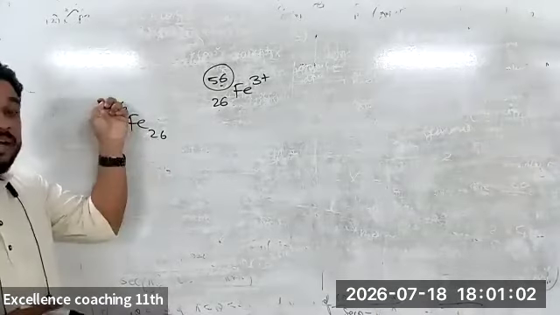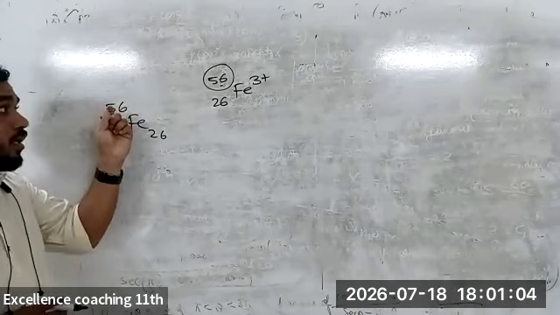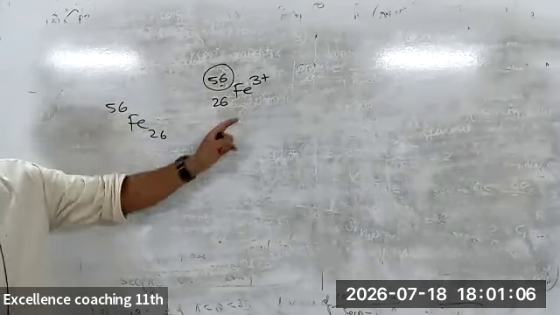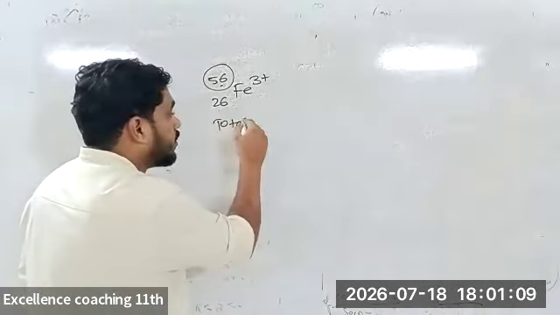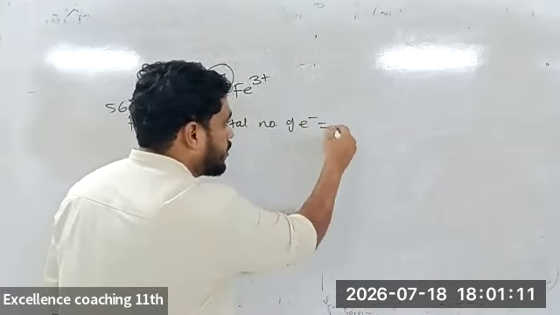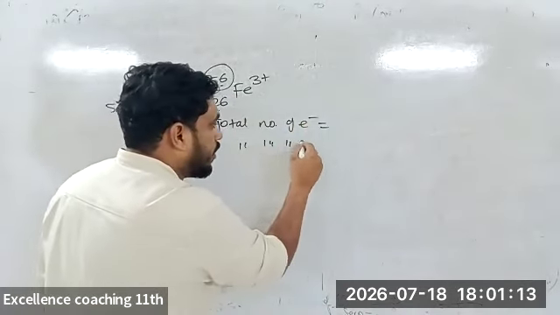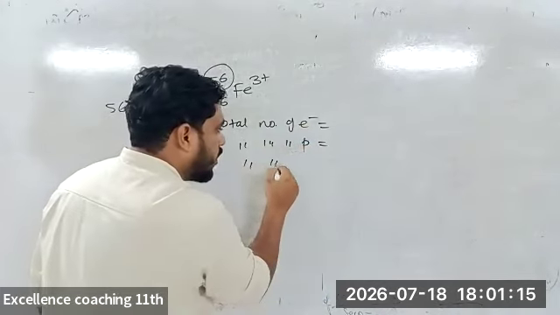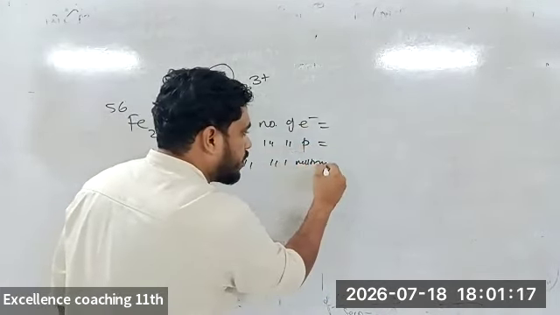Sorry, atomic number, atomic mass number, my mistake. This is given first. Find out the total number of electrons, total number of protons, total number of neutrons.